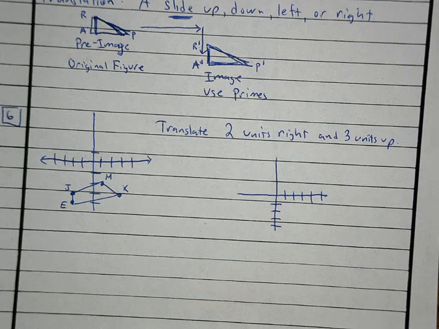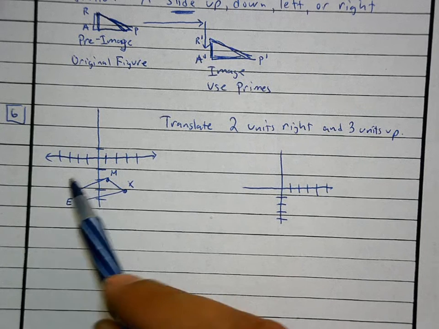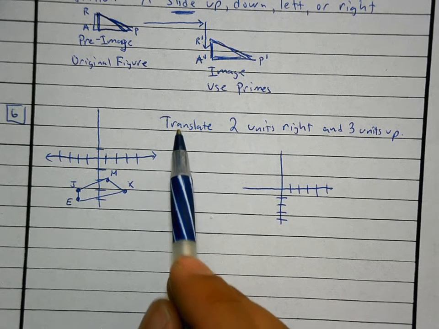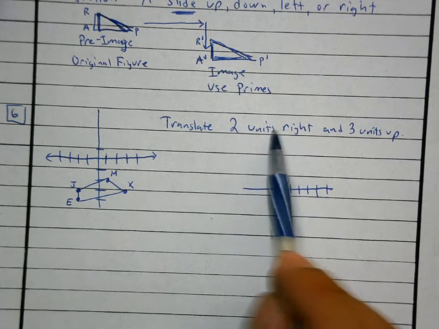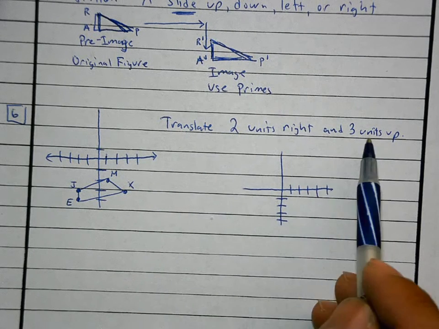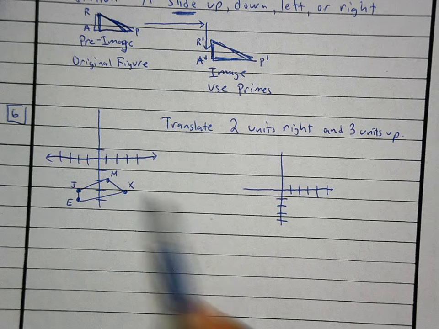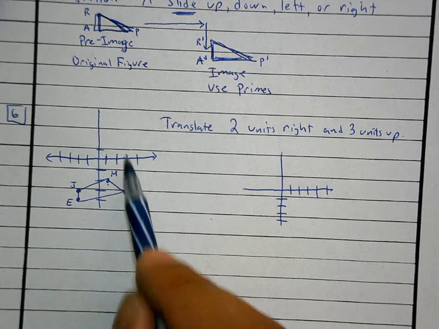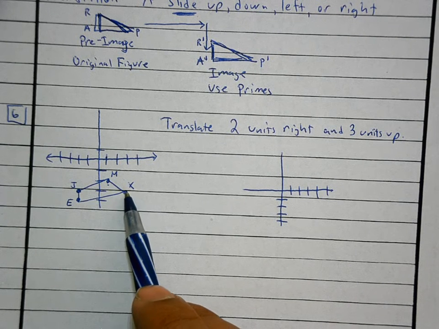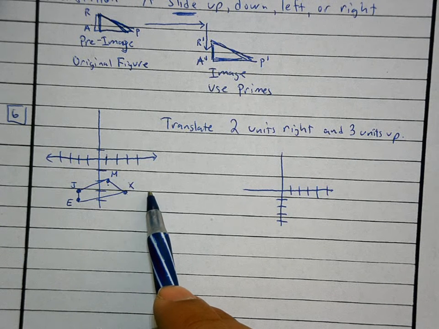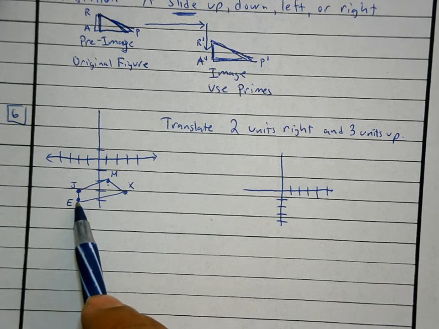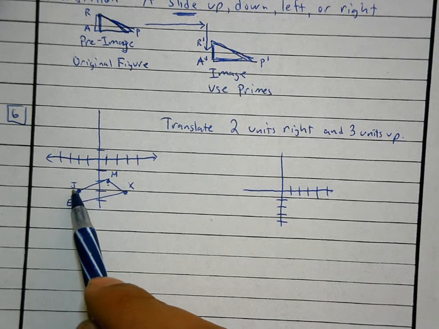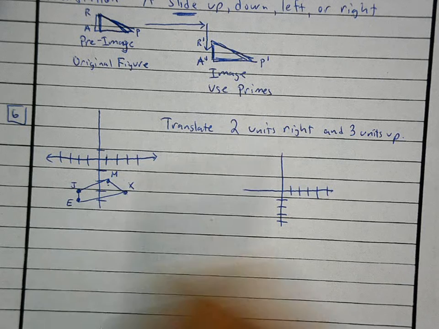So what does this mean? This means that we're going to be taking this object that we have here and we need to translate every single point to the right 2 units and up 3 units. That means that I take this letter M and I'm going to move it to the right 2 and up 3. I'm going to take the X and move it to the right 2 and up 3. It means I take the E and move it to the right 2 and up 3. It means I take the J and move it to the right 2 and up 3.